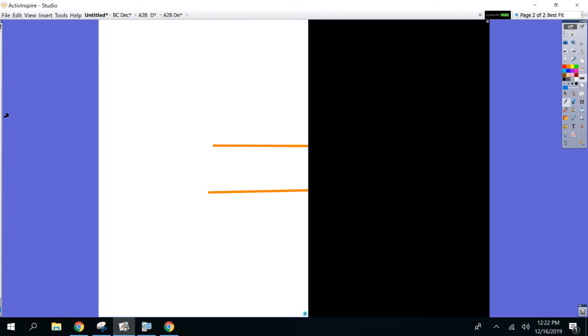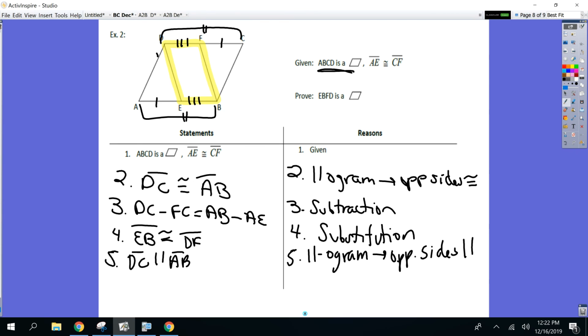Those two? So if DC and AB were parallel, what else should be parallel then? DF should be parallel to A or EB.